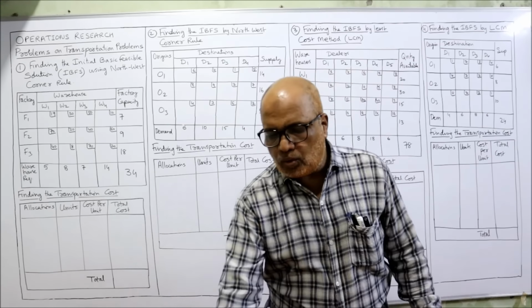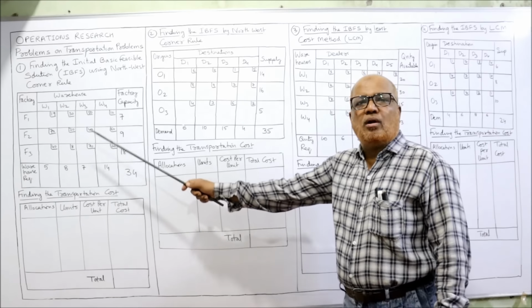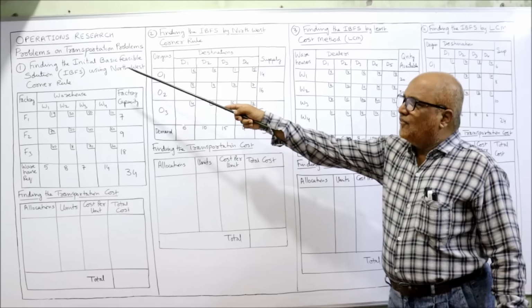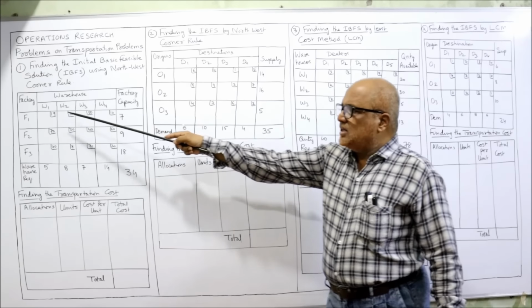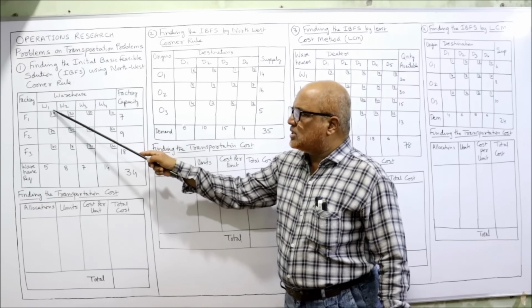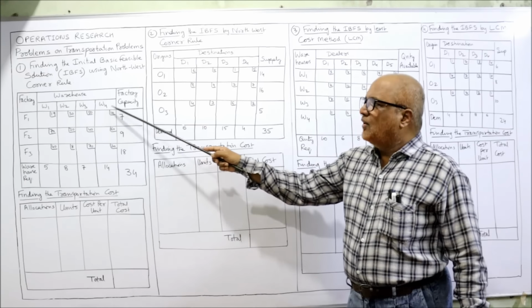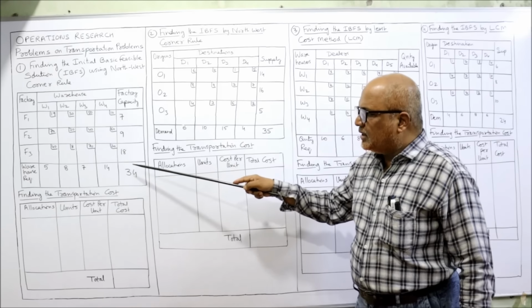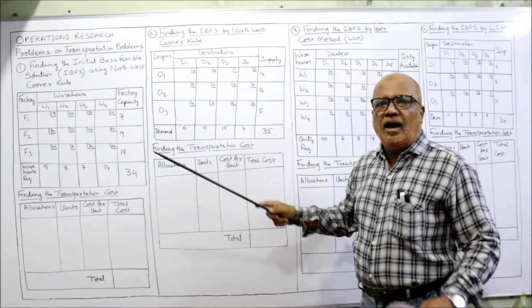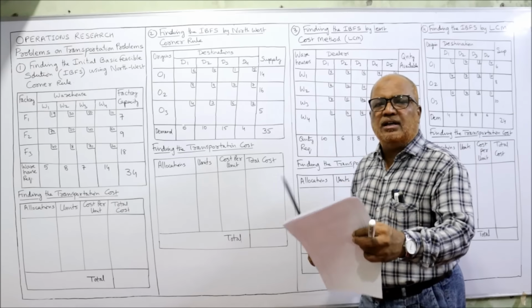Now how do we find the IBFS by the northwest corner rule? See here, finding the IBFS by the northwest corner rule. Factories F1, F2, F3, warehouses W1, W2, W3, W4, factory capacity and warehouse requirement. Whatever is given, I have written in the table. And the costs 19, 70, 40.